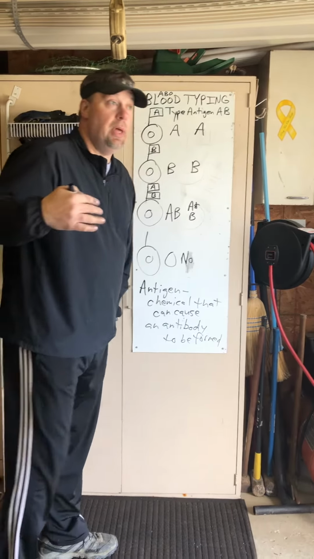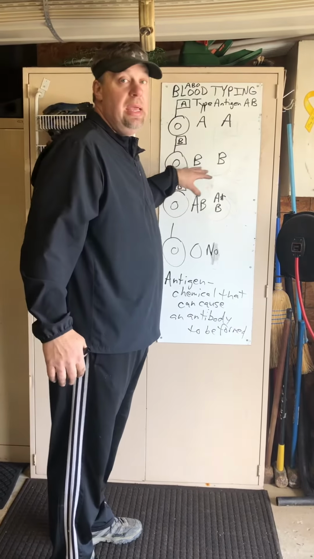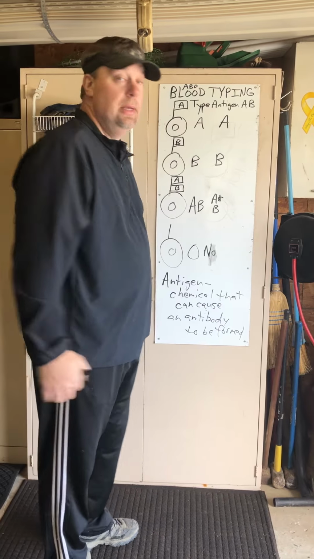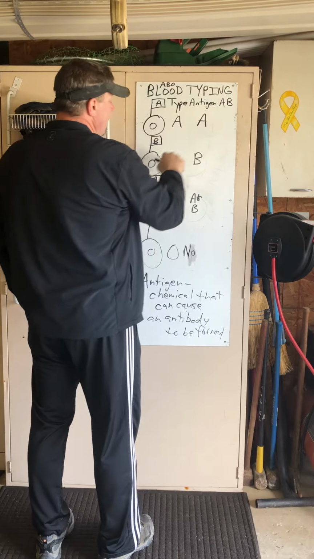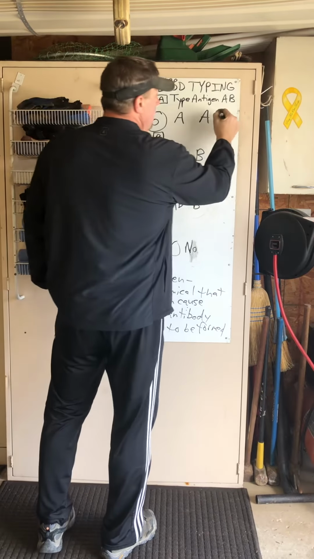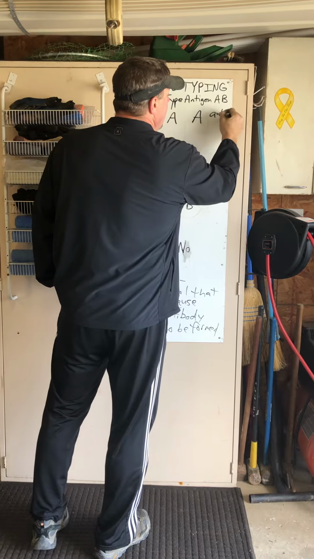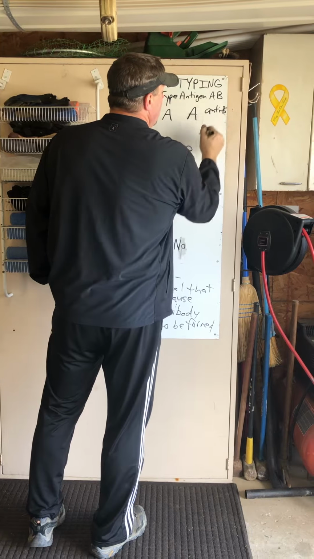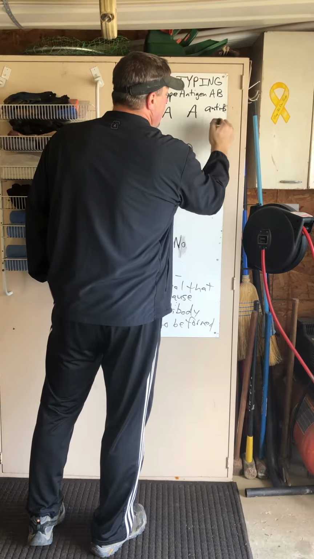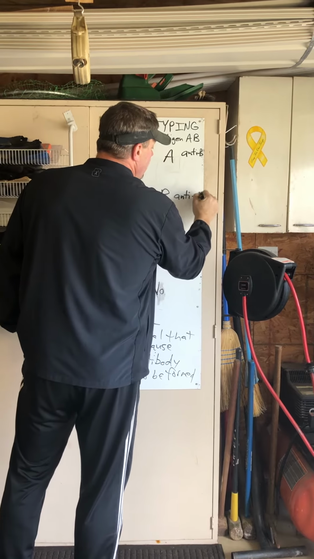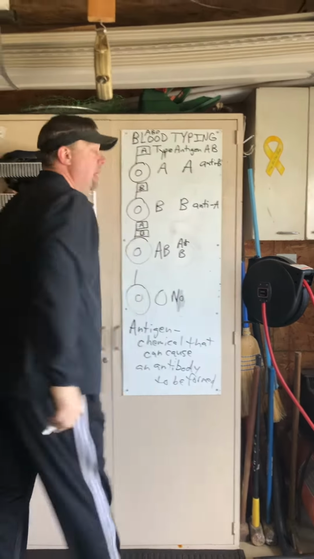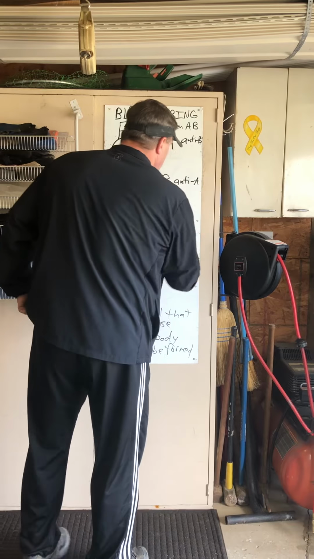Another thing with this blood typing, A hates B and B hates A. So in A blood, it carries an antibody that is against B. We call that anti-B antibody. That's a hyphen, anti-B. B hates A, so it has anti-A antibody. AB has no antibodies. And why is that?